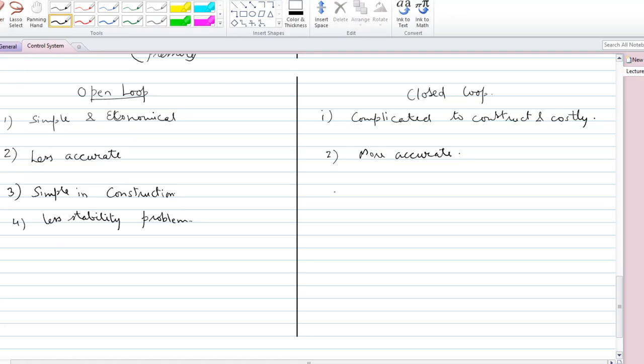Whereas on the other hand, due to complicated circuit, complicated structure, these types of systems sometimes become unstable.